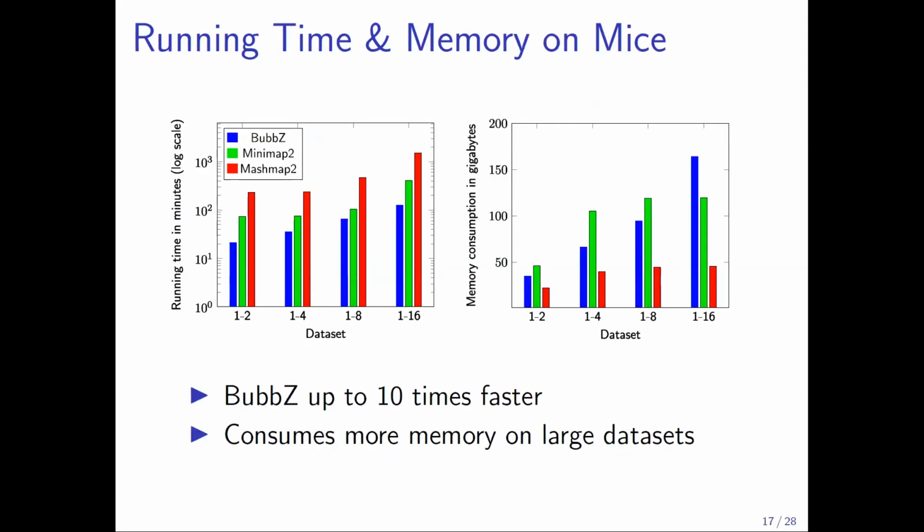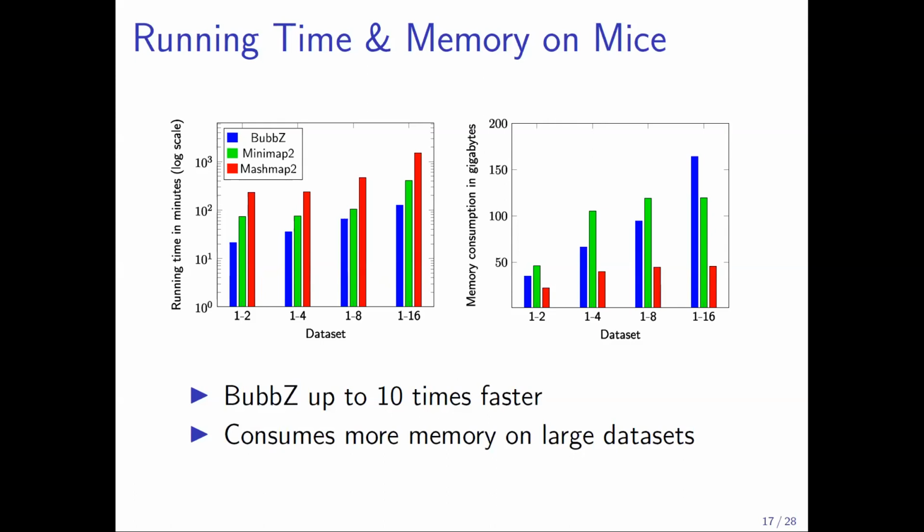So here's the running time and memory usage on mice. We created 4 data sets from the 16 mice data set. We created a data set that consists of 2, 4, 8, and 16 mice, and we ran all these tools on these data sets separately.